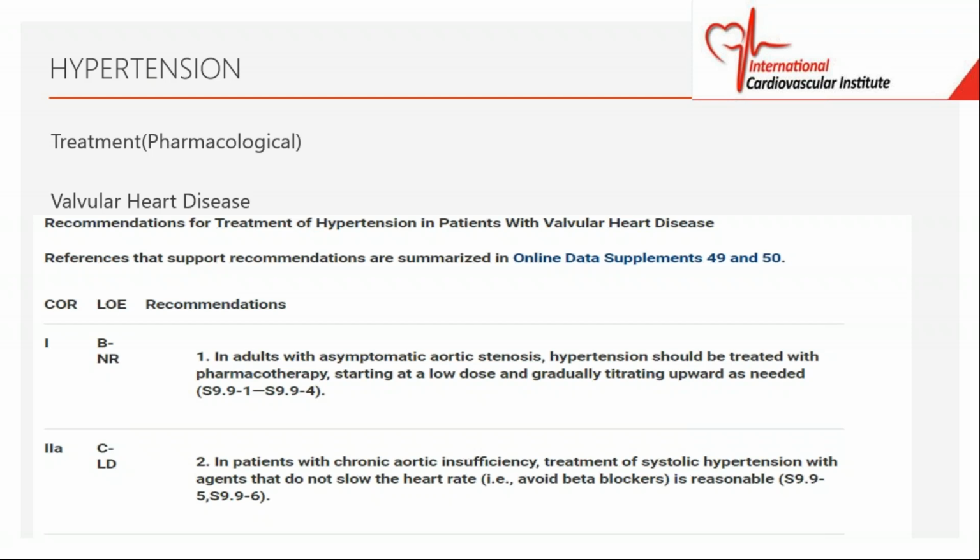And it's not uncommon for patients who have significant aortic insufficiency, and you start beta blockers and they feel worse. They may go into heart failure. So be careful of that. You don't want to use beta blockers in someone with significant aortic insufficiency.